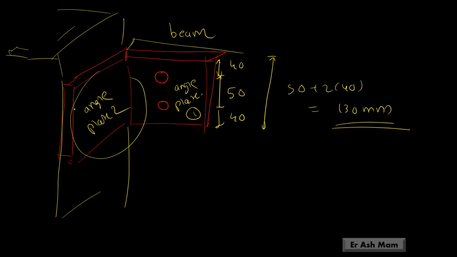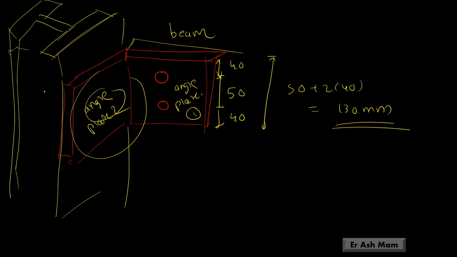Now let's design this angle connecting to the column flange. Here is the column flange, and this angle is connected to this column flange. We already calculated the angle connected to the beam. Now we'll calculate the angle connected to this column.